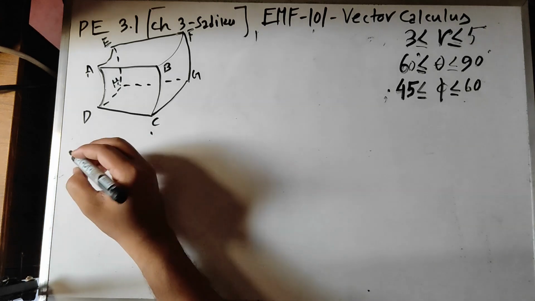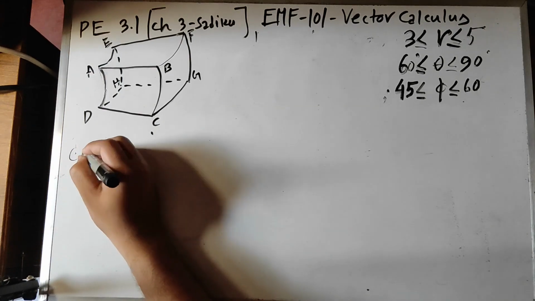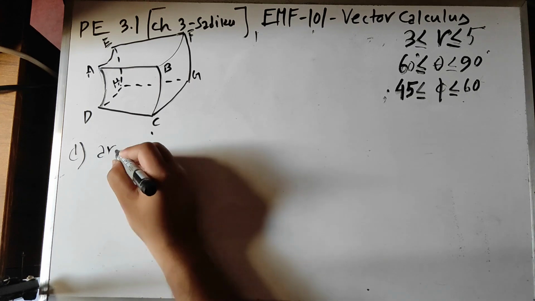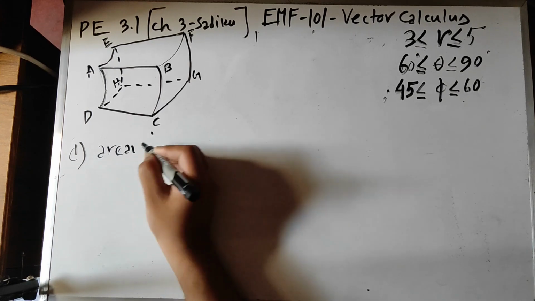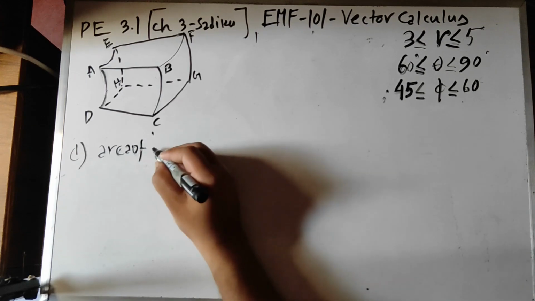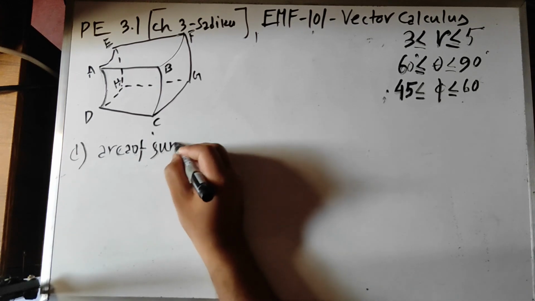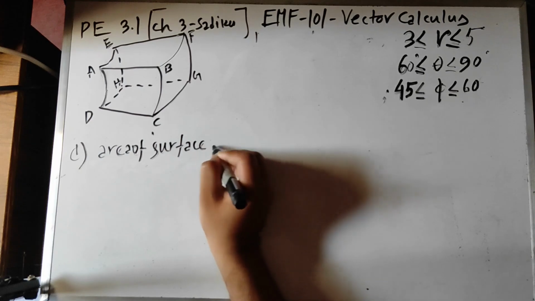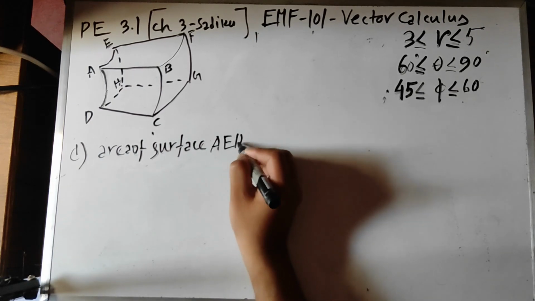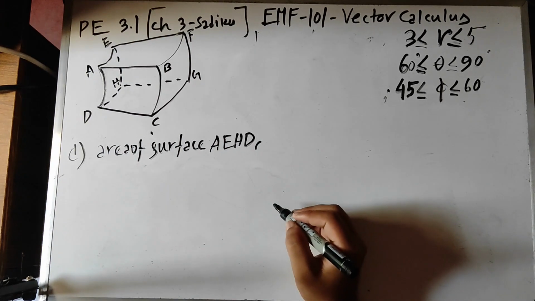So now on to the next question. Question C, we have to find the area of surface AEHD.